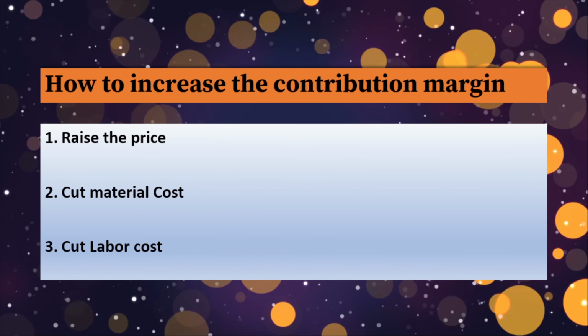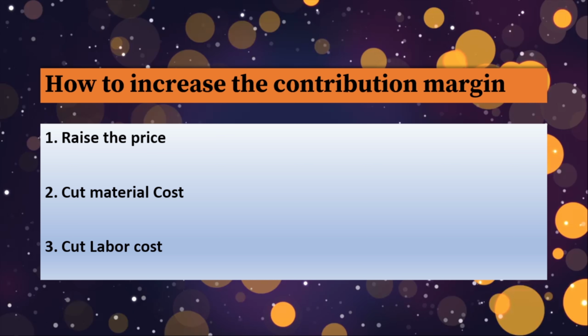How can you increase your contribution margin? Your contribution margin can be increased in 3 ways. The first one is you can raise the price of the product. One caution is that if you raise the price of your product, you might end up selling fewer units.